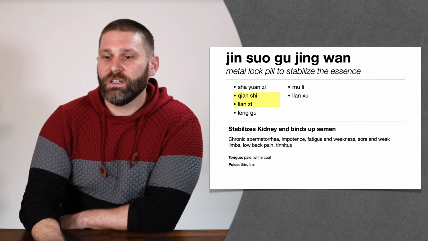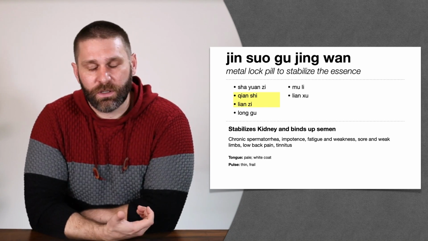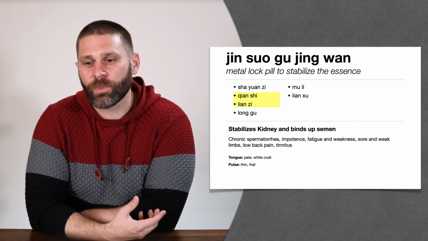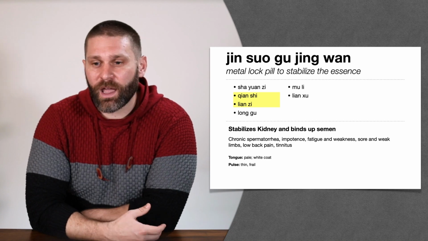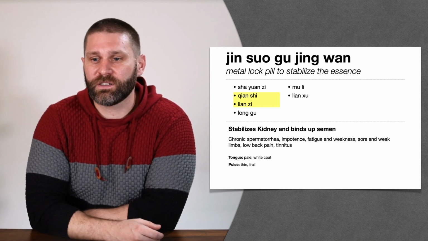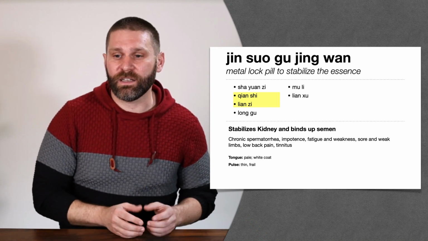And so here, our chief herb is one that we talked about before, Shayuanzi. This was in the tonify kidney yang category, at the very end. This is the seed of astragalus. And so it tonifies kidney yang, especially for leakage conditions. So Shayuanzi is treating the root cause, the kidney yang deficiency.